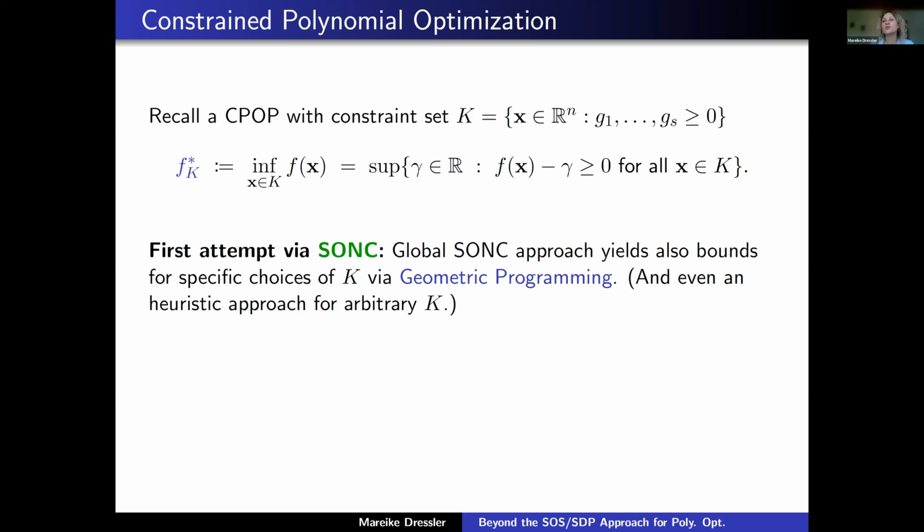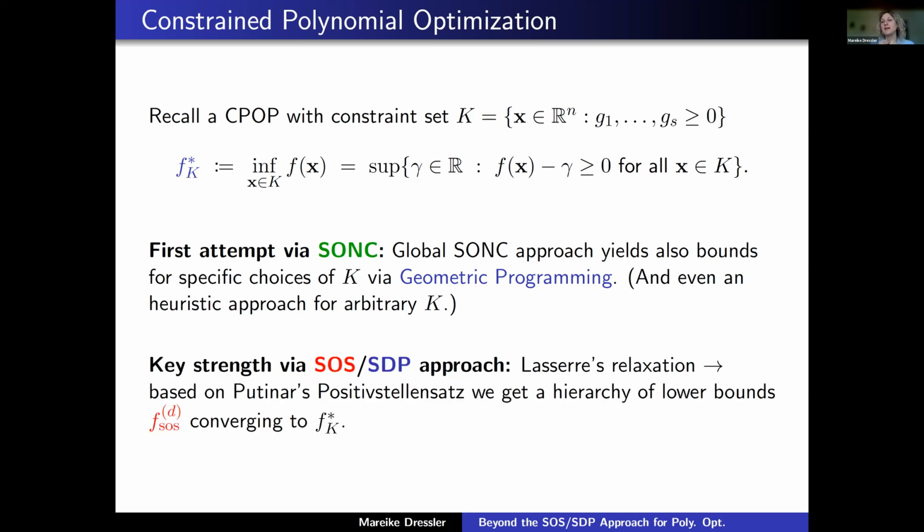And specifically, it also only yields one bound for our optimal value. If you think about the SOS SDP approach, the key strength here was that you had this hierarchy of lower bounds. I think once it was mentioned that we call this Lasserre's relaxation.